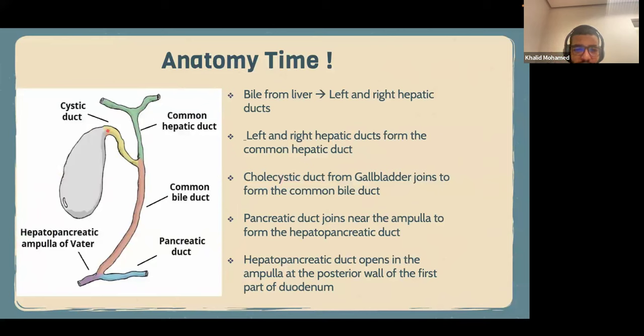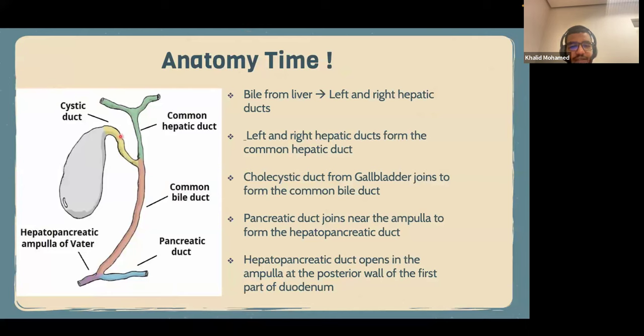One of them is in the cystic duct. One of them is in the common bile duct, and the other one is around here in the sphincter of Oddi or in the ampulla. Okay, so these are the three most common places where gallstones get stuck or cause obstruction. And obviously obstruction will lead to many problems, and depending on where it gets stuck, we'll have different symptoms.